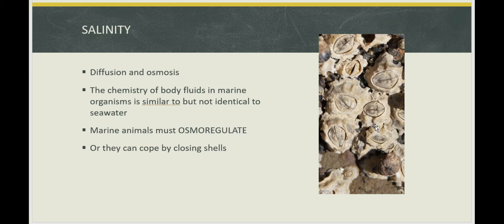So they might experience a lot of differences in how much salt is in the water. When this happens, one of the things they do is they just close up their shells, and it's like closing the door, and they wait until conditions get a little bit better, and then they open their door again and they feed. Right? So that's another mechanism that you could use to deal with salinity.